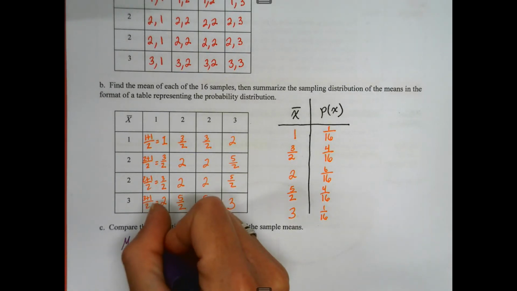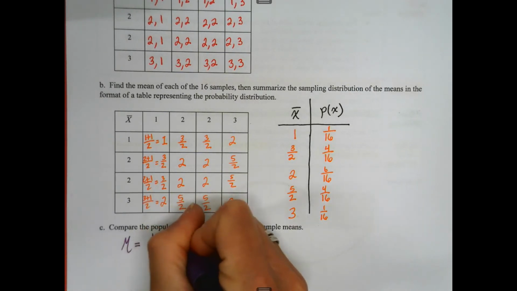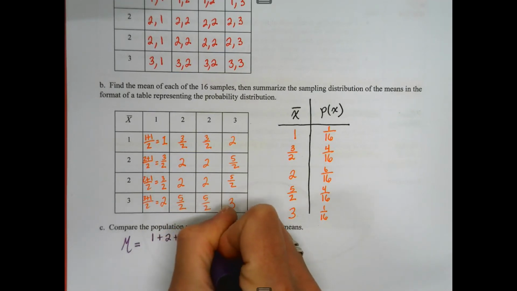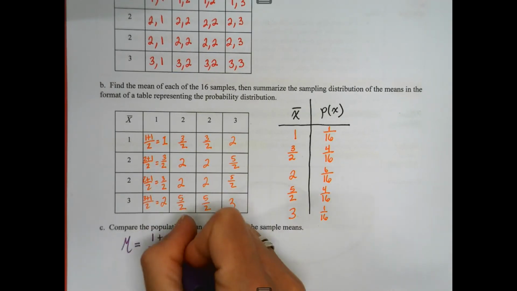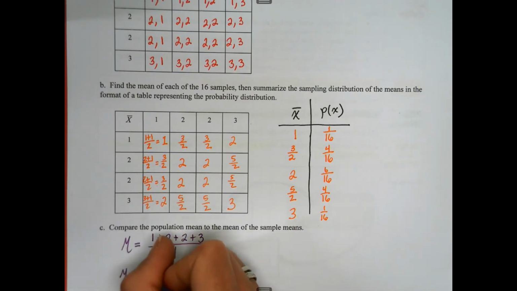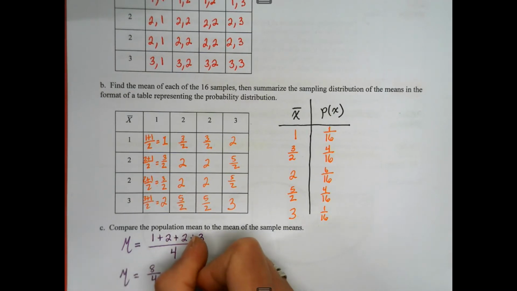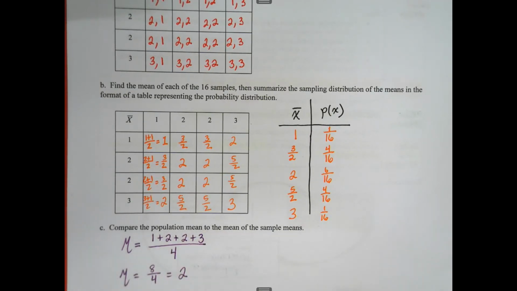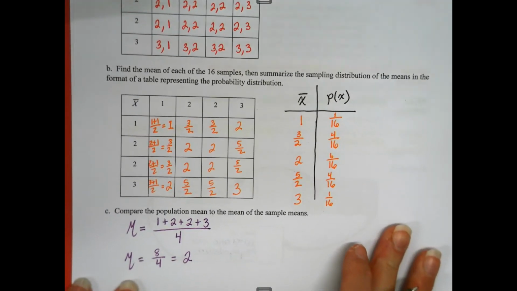Well, our population is 1, 2, 2, and 3 divided by 4. Our population mean ends up being 8/4, which is 2. That is our population mean.